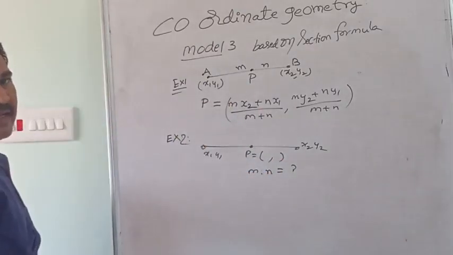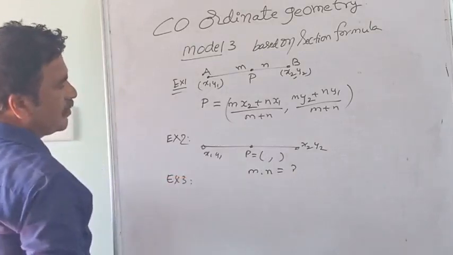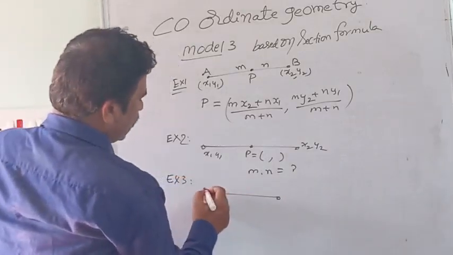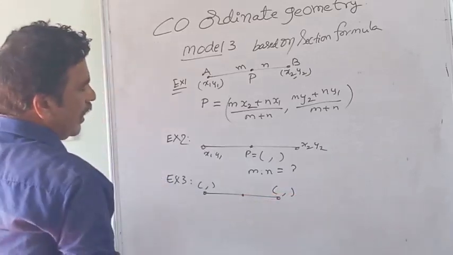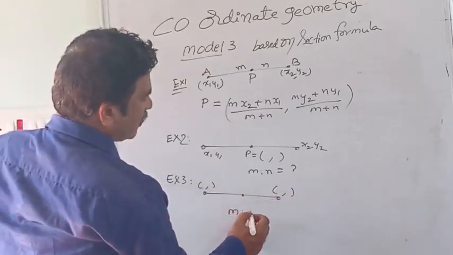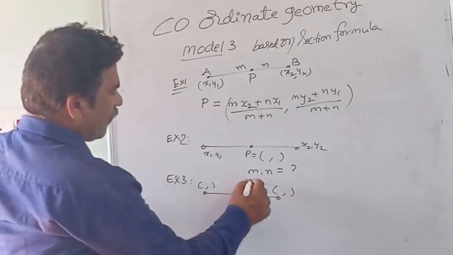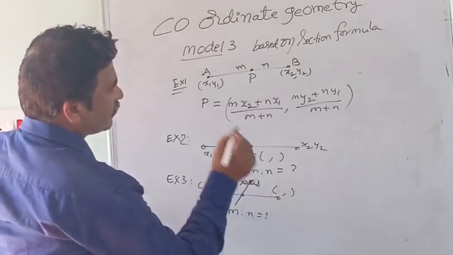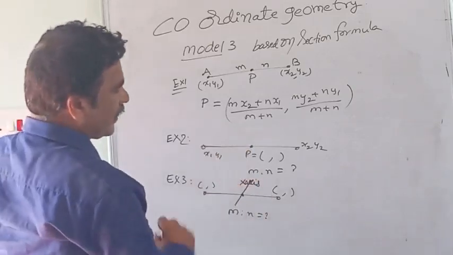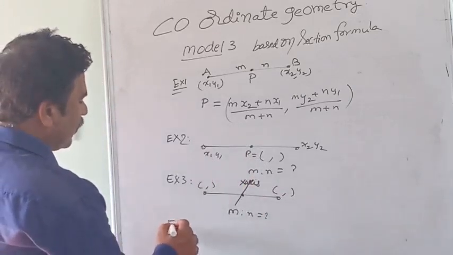Type 3, this point is given, this point is given, and ratio is question mark, this point not given. What he gives is, this is cut by the x-axis, or y-axis, x-axis or y-axis he will provide.